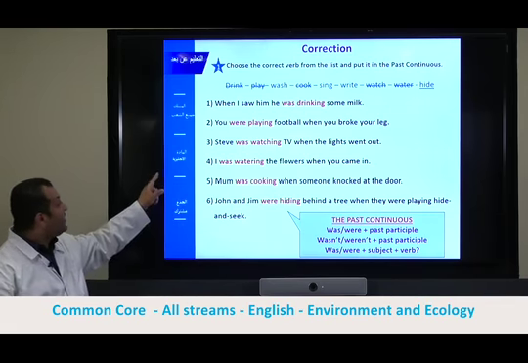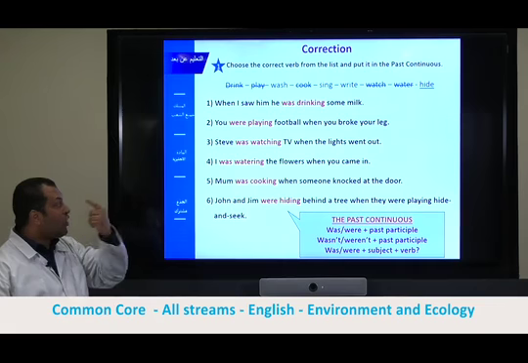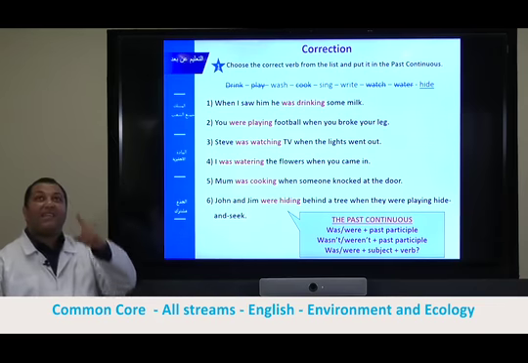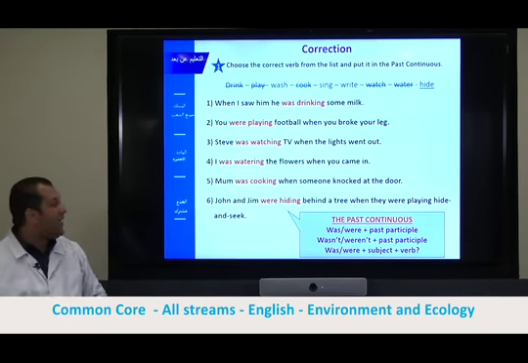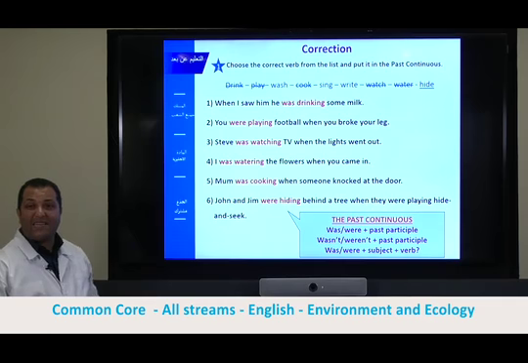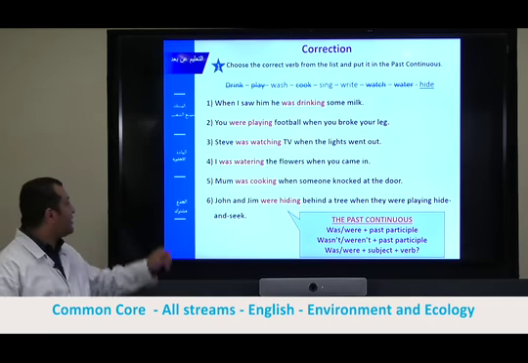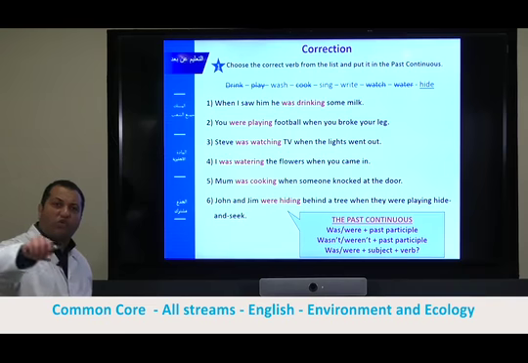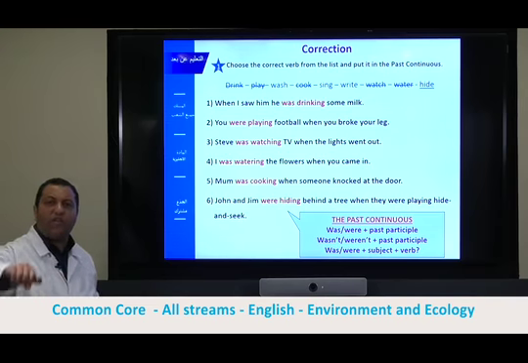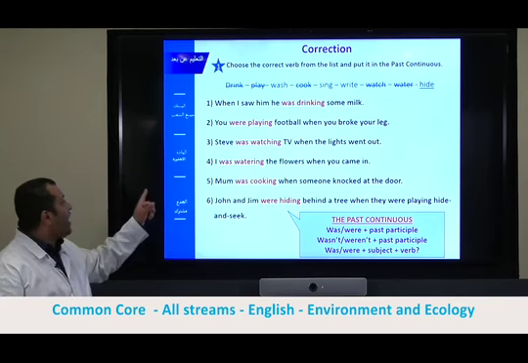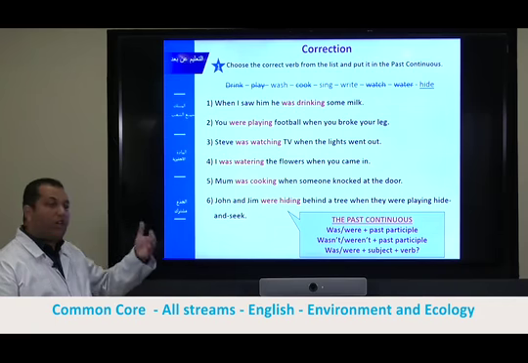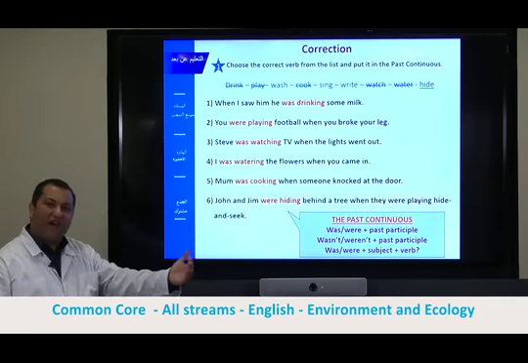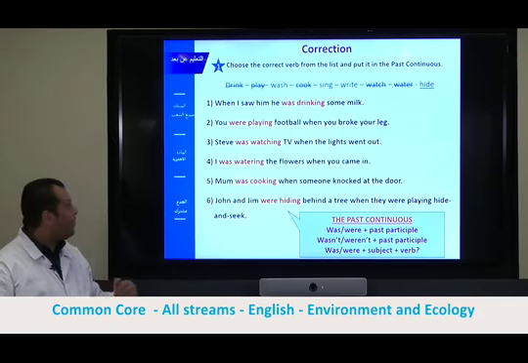Number 3 is the same. Steve was watching TV when the lights went out. The light went out. Number 4, I was watering, to water. We water trees, we water flowers. I was watering the flowers when you came in, when you arrived, when you showed up.